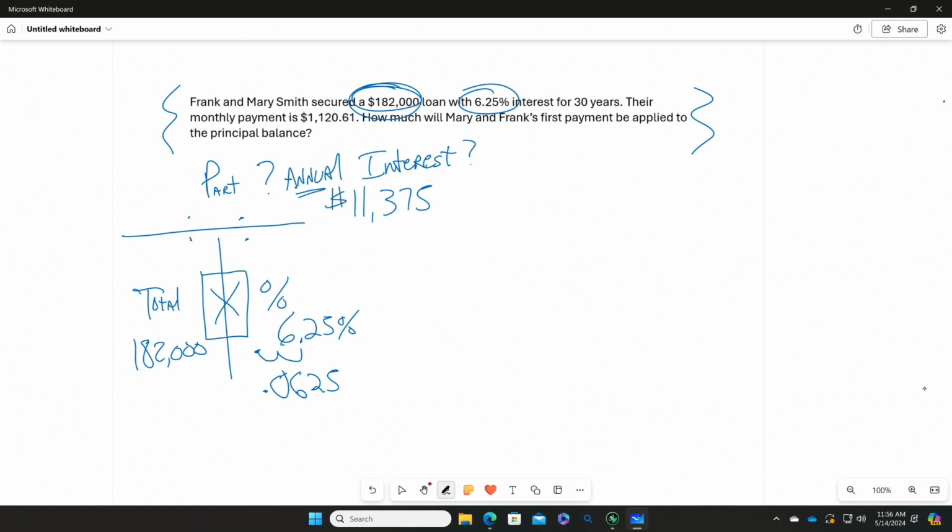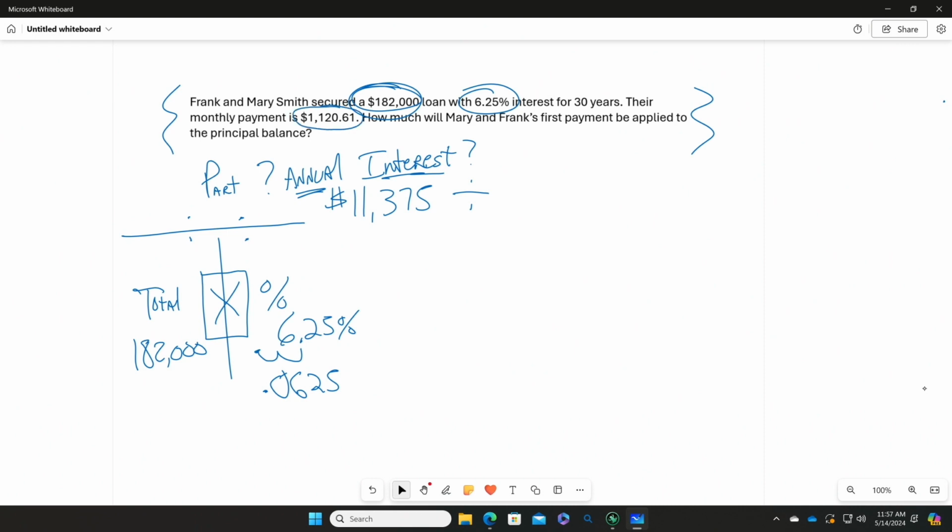Now remember, that's the annual interest, okay? I want to double check my math. 182,000 times 0.0625 gives me 11,375. That's annual interest.